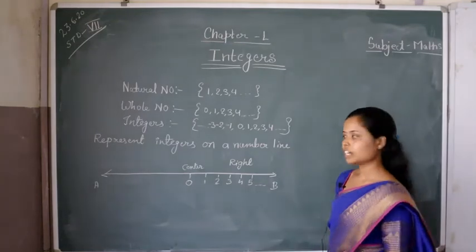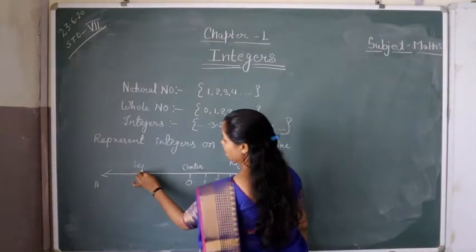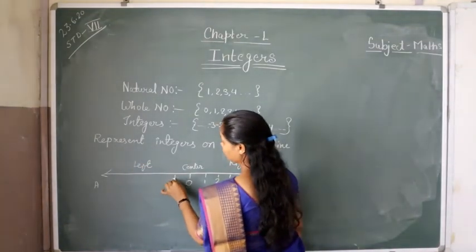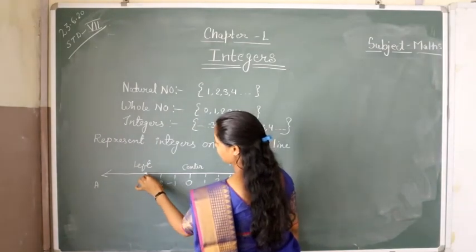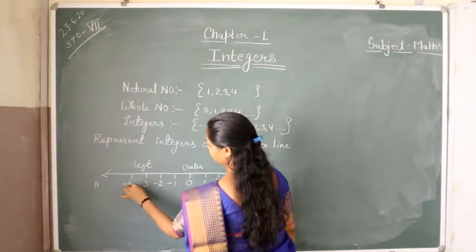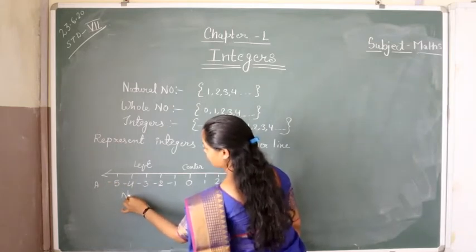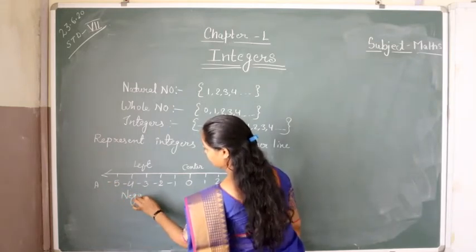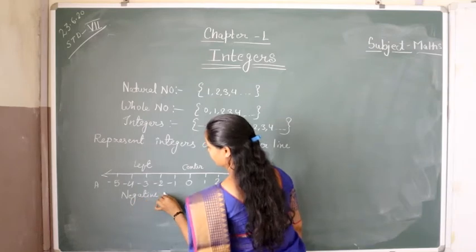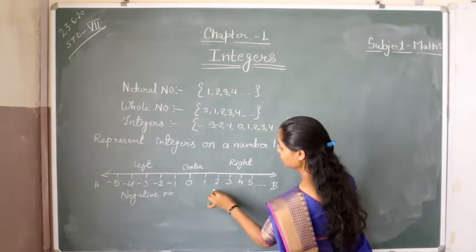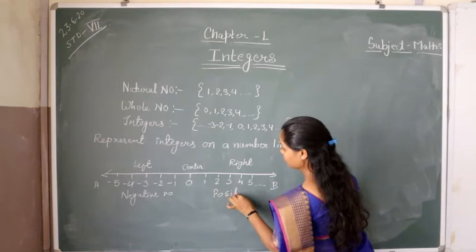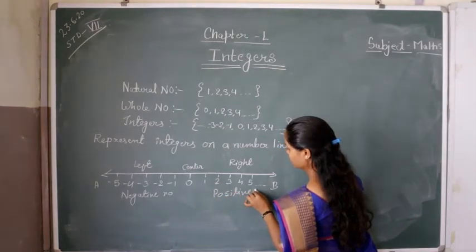On its left hand side we take negative integers. Here negative numbers and then here positive numbers.